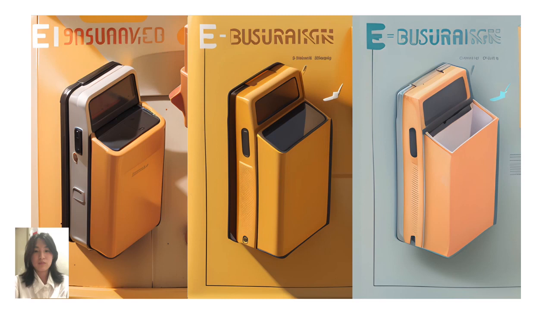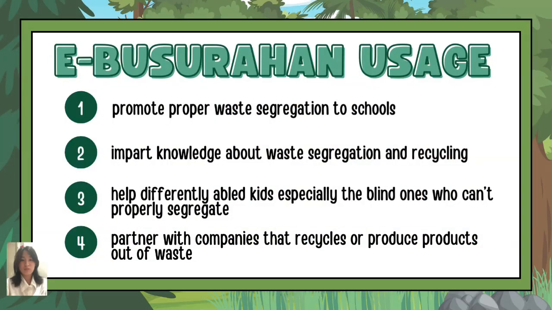On the next slide, we can see the different color palettes of the E-Busurahan, from orange and yellow to pastel colors. The E-Busurahan's usage is to promote proper waste segregation in schools, to give knowledge about waste segregation and recycling, to help differently abled kids, especially the blind ones, to properly segregate, and lastly, to partner with companies that recycle waste.